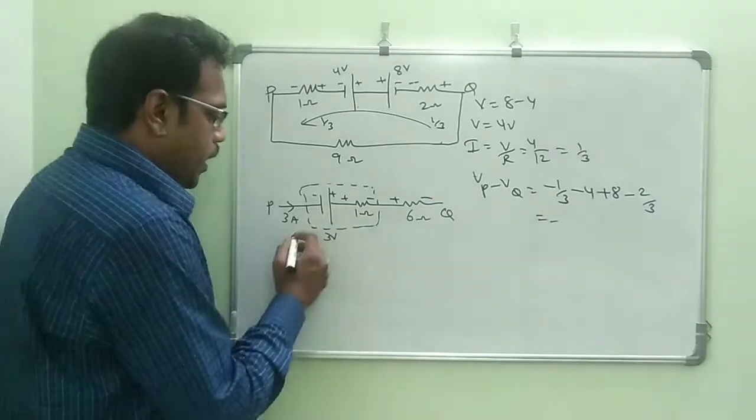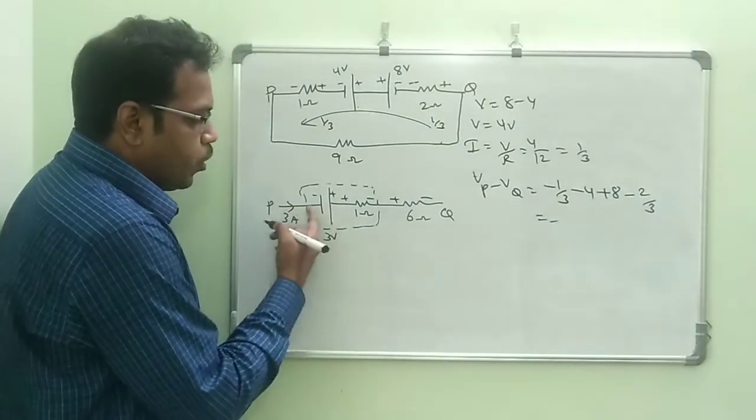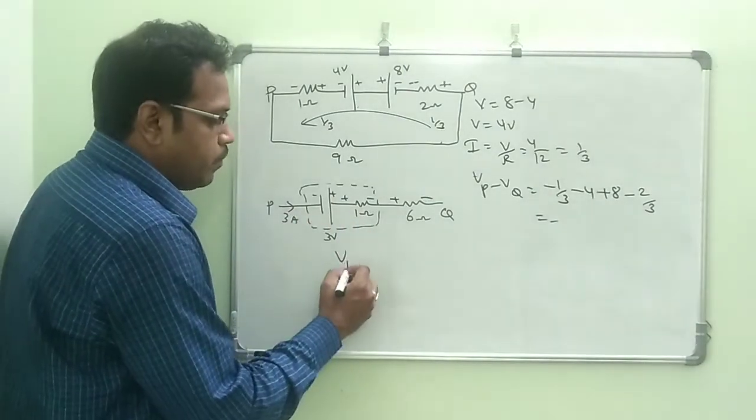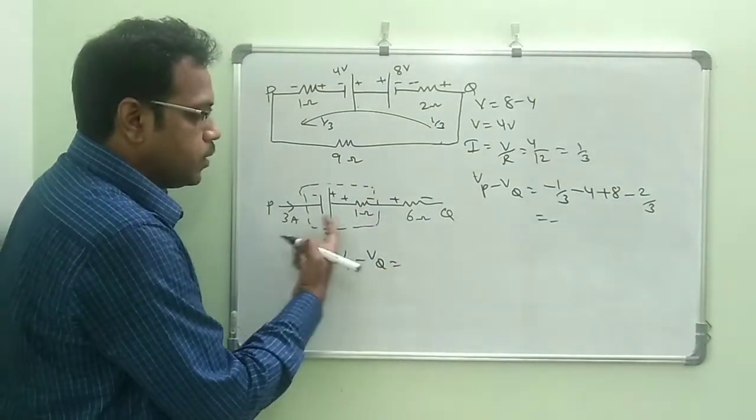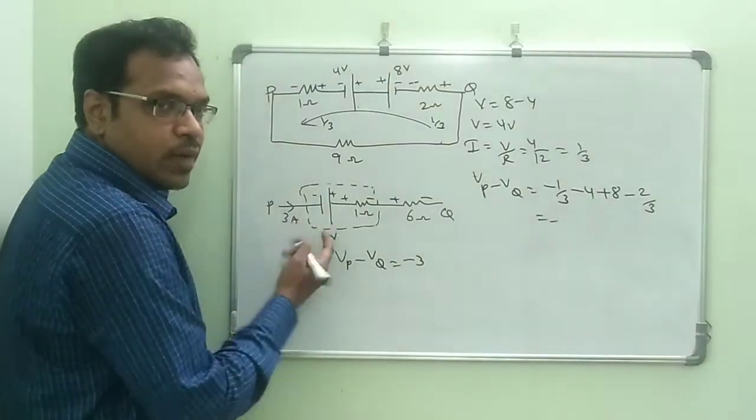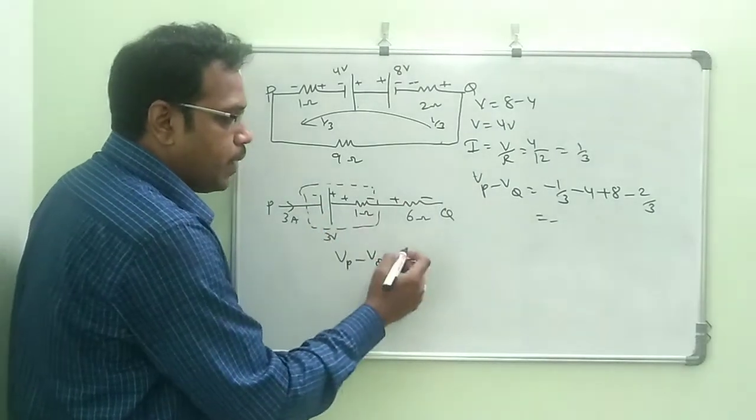Okay. And now 3 ampere is going in this. Now we need to find Vp minus Vq. This one is opposite to our going direction. This one is the same.